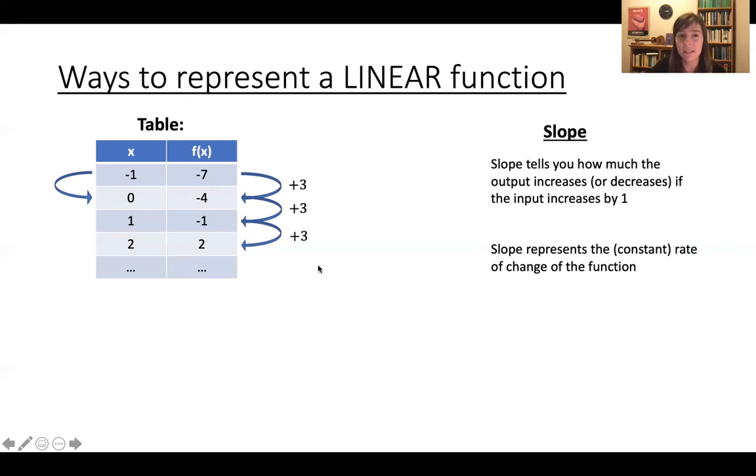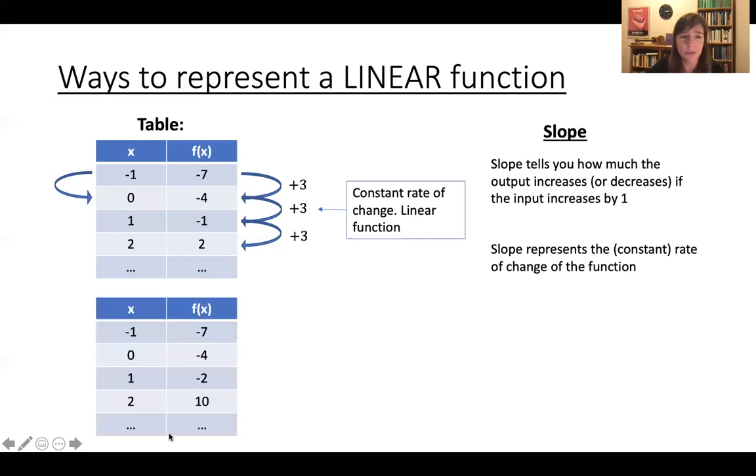So this table represents a linear function, and we know that because as we increase the inputs by the same amount, the outputs are increasing by the same amount. So that rate of change of the outputs is constant because we get the same number each time. So it's a linear function, and this happens to be a linear function with slope of 3.